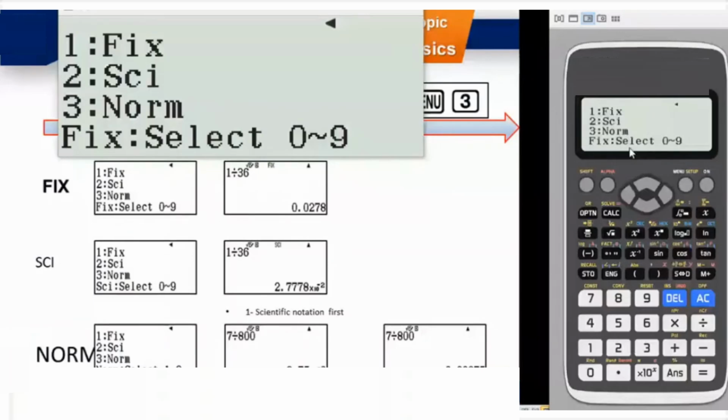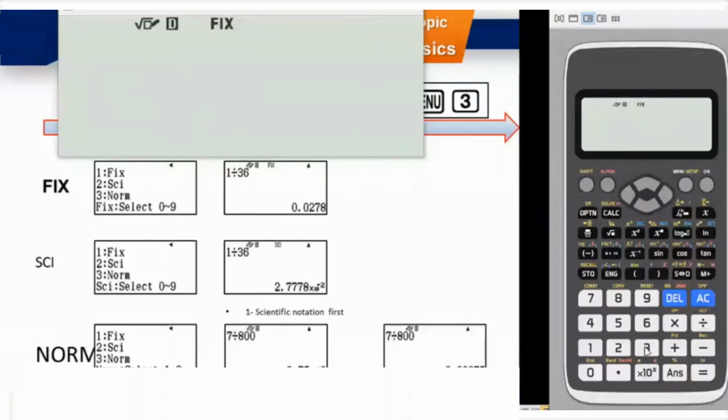Let's say I want my answer correct to 3 decimal places. So I have pressed 3. Now I press 1 divided by 36 and I press this S-D button. The calculator is giving me 0.028. Why 0.028? Because I have told the calculator that I want answers correct to 3 decimal places.